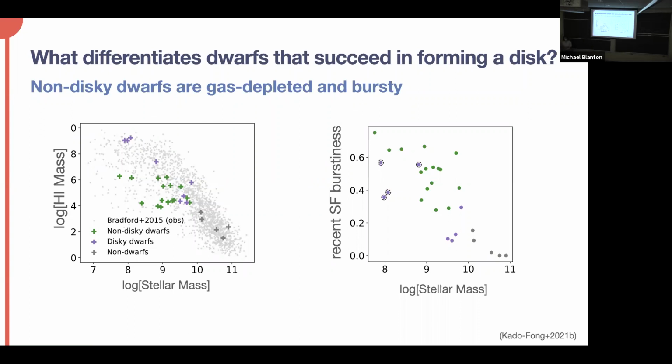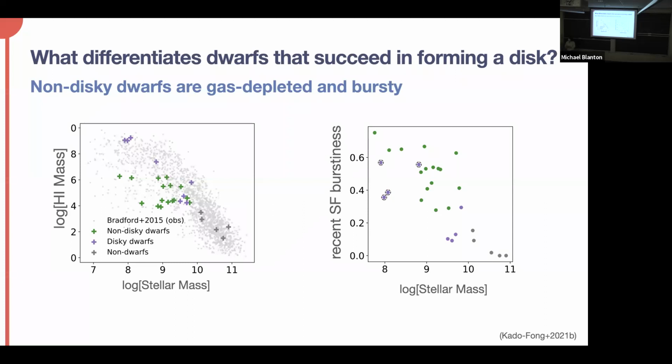Sorry, I'm having trouble mentally keeping up. Repeat which are the observations and which are your simulations. Yes, the small gray points are the observations. All of the crosses are simulations. Okay. And over on the right, everything is simulations.